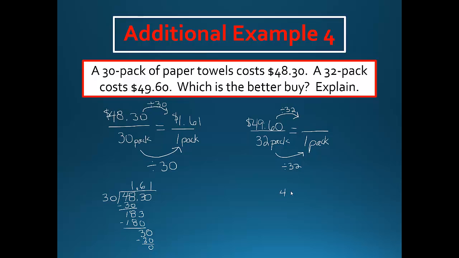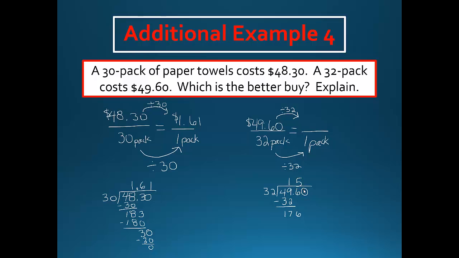So $49.60 divided by 32. 32 goes into 49 one time. And then when I subtract, I'm going to get 17. Now I can bring down my 6. And 32 is going to go into 176 5 times.